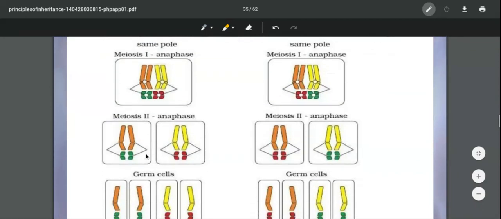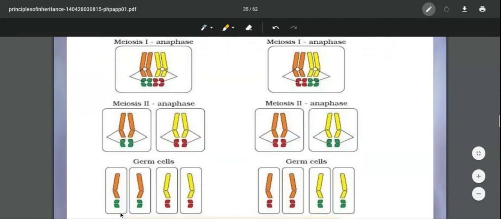And in meiosis 2, what happens is your chromatids are separating. So you can see here the orange is going along with the green chromatid. This is a chromatid of one chromosome, this is a chromatid of one chromosome.